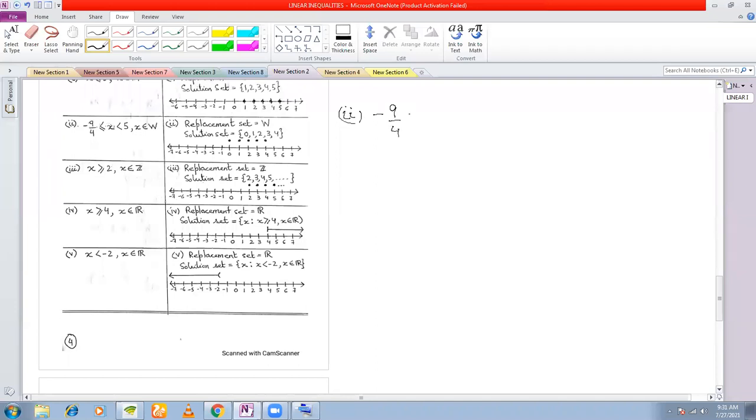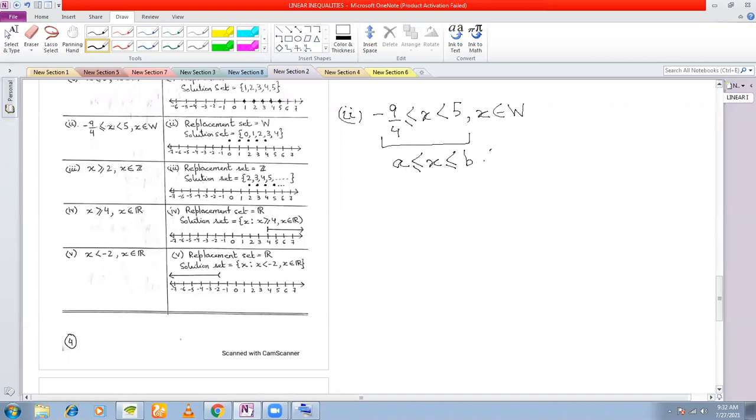-9/4 less than or equal to x less than 5. The replacement set is the set of whole numbers. Now see, what does this symbol mean? If you remember, I told you back in class 8 also that if I write a less than or equal to x less than or equal to b, it means that x can take any value between a and b.